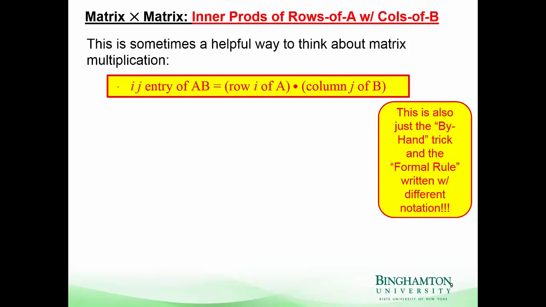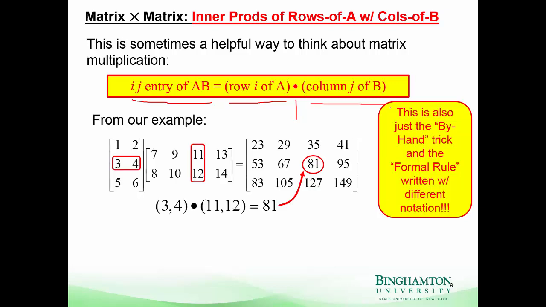So the ij entry of A times B is just row i of A dot product, or inner product, with column j of B. And so that's what we're doing there. And this is an example from that. And remember, this notation here does not mean that they are row vectors.